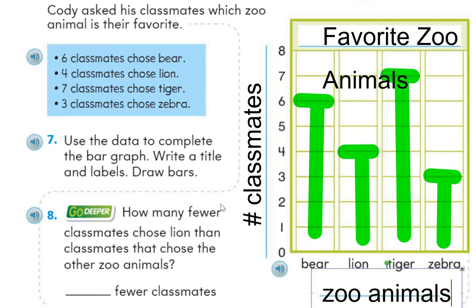And then how many fewer classmates chose lions than other zoo animals? So 1, 2 fewer chose lions than bears and 3 fewer than tigers. So I'm going to put a 5 here because 2 and 3 make 5.